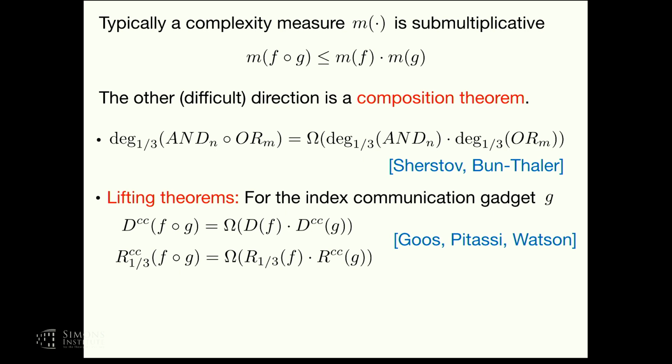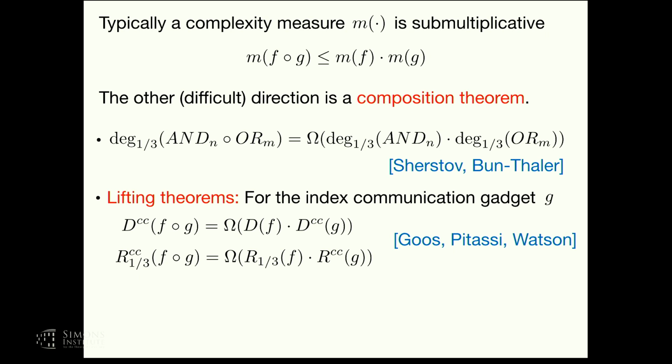AND. Another one, since this is a communication complexity workshop, I thought I'd mention lifting theorems. You can also view this as a kind of composition theorem, although here the setting's a little bit different because you're composing two different kinds of objects.